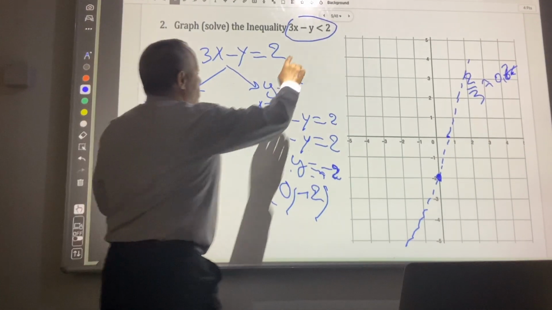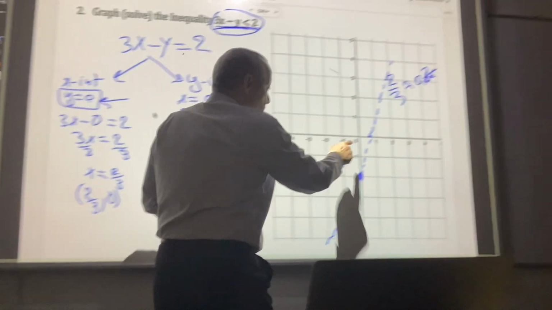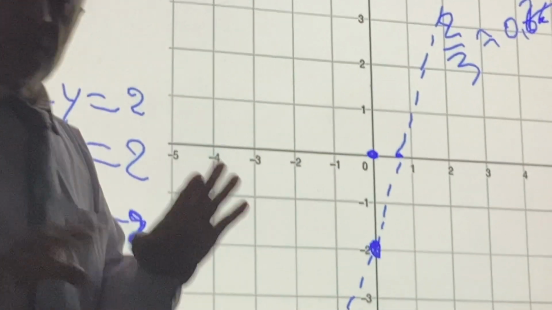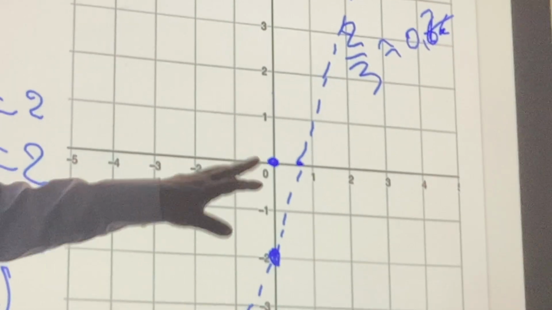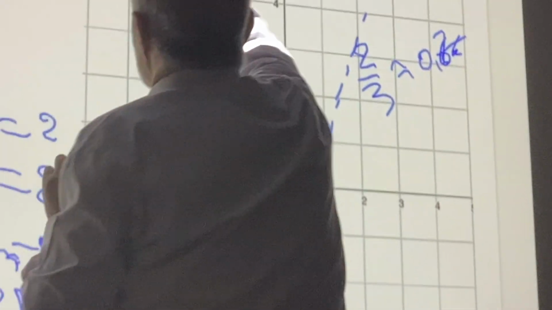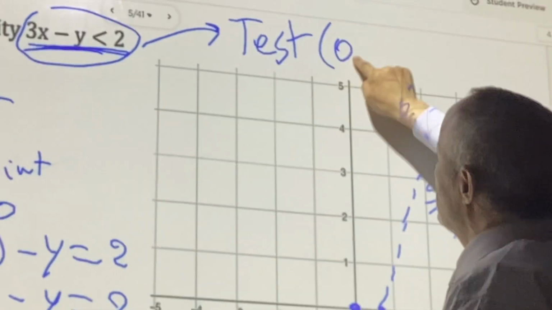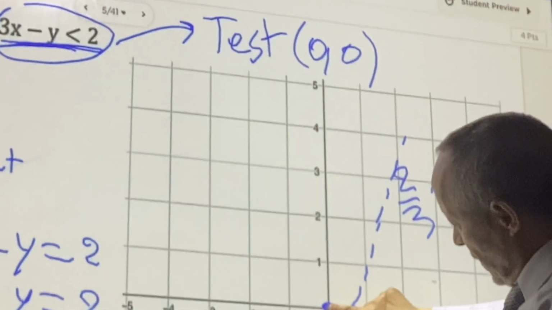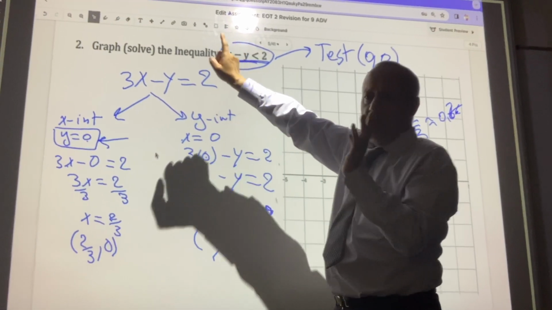To shade the region, we test a point. 0, 0 is not on the line. Always test a point that is not on the line. So let's test 0, 0. I substitute x with 0, y with 0.